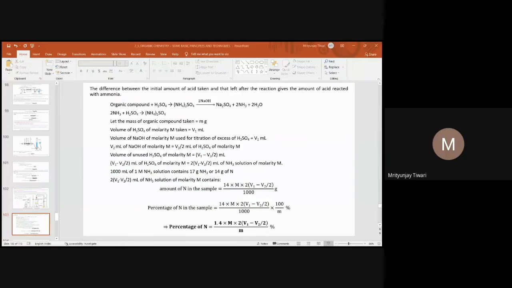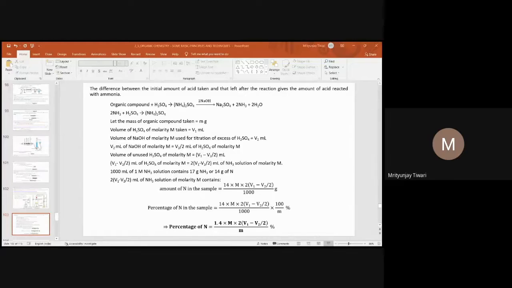And from the law of equivalence, one equivalent of acid reacts with only one equivalent of base. Suppose there are 2M equivalents in 1 liter of H2SO4 solution, then 2M equivalents of H2SO4 will react with 2M equivalents of NaOH.